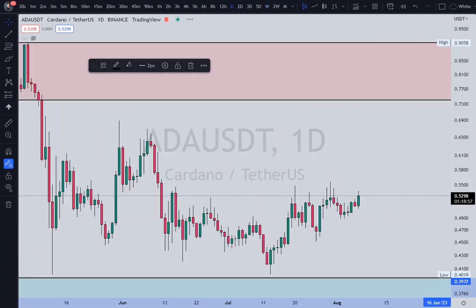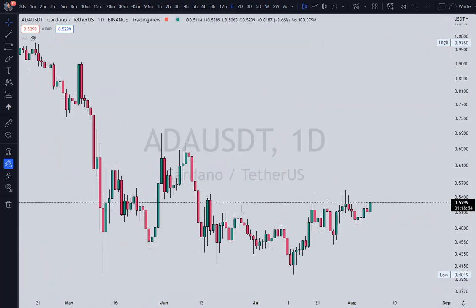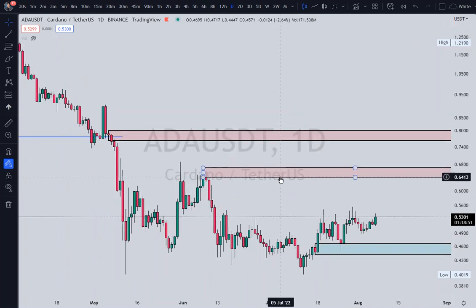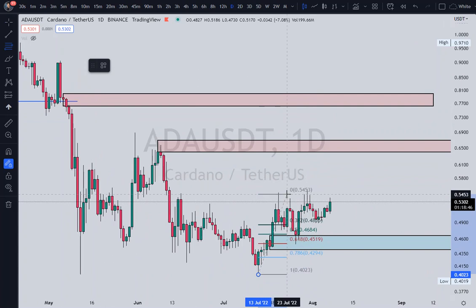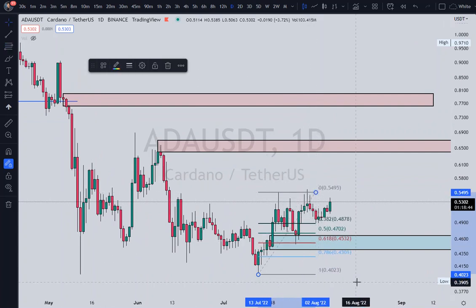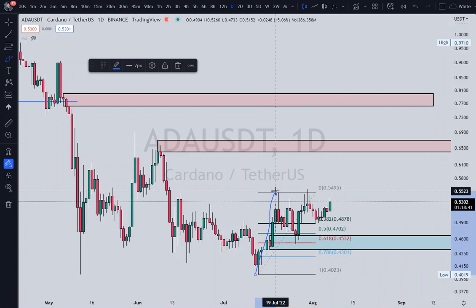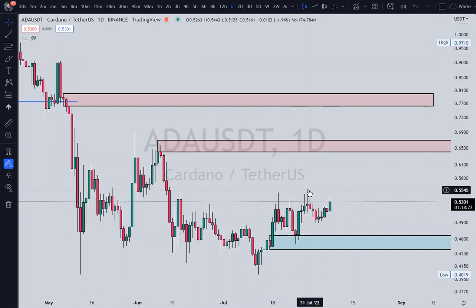And if we go to daily time frame, let me use a Fibonacci tool. After this bounce from here to this area, we saw a retracement to the 0.618 Fibonacci level, and it started another leg to the upside. But there is a very important point here. As you can see, this time it couldn't go much higher than the previous high.